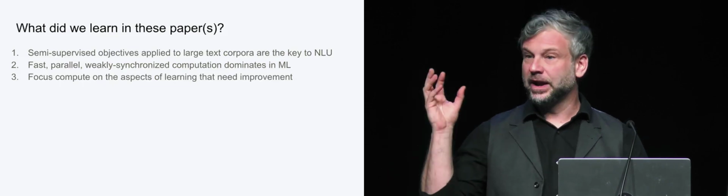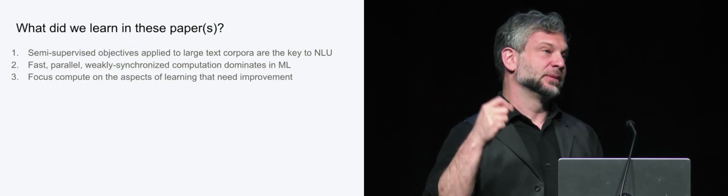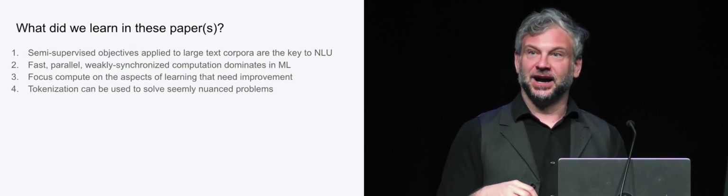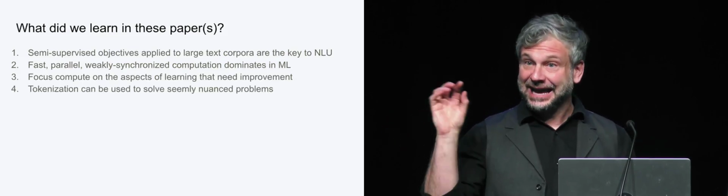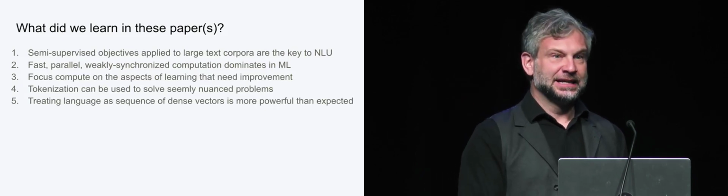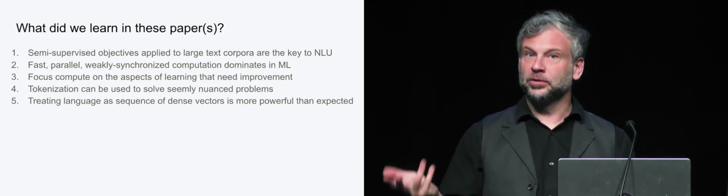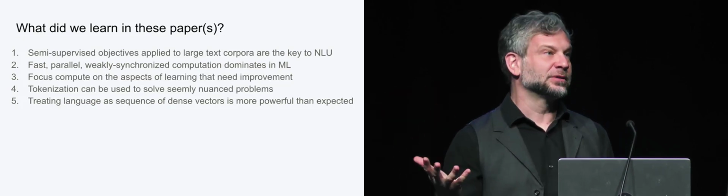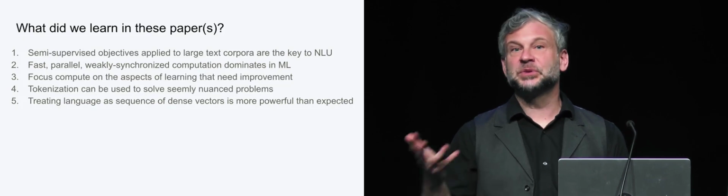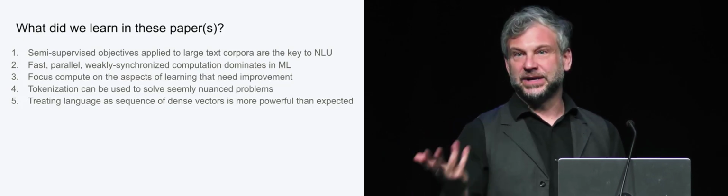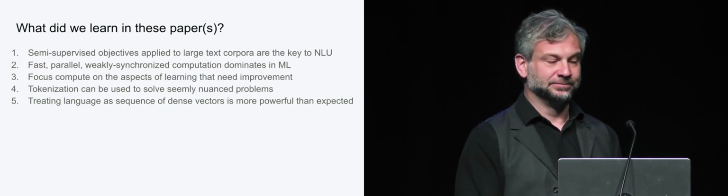Focusing compute where it really helps and improves your learning of representations is what's most important. And tokenization can be used as a good trick to solve some nuanced problems. And then the last, and I think most important point, is that treating language as a sequence of dense vectors has proven to be really powerful, and honestly more powerful than I think we imagined when we started this work.